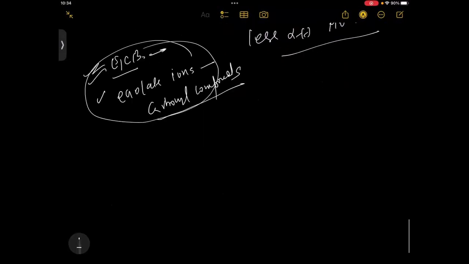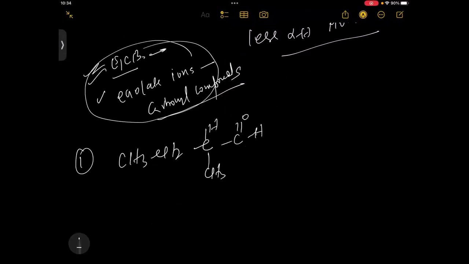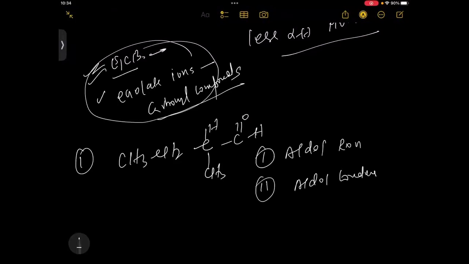Question number one: CH3CH2, C, CH3, H, and C double bond O. Will the reaction go into aldol reaction, second, aldol condensation, third, both, and fourth, neither?